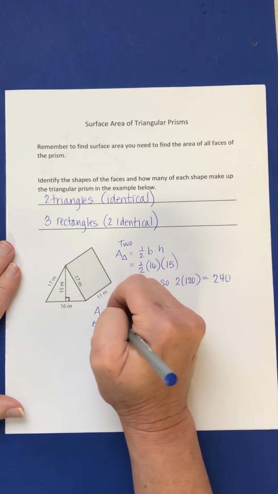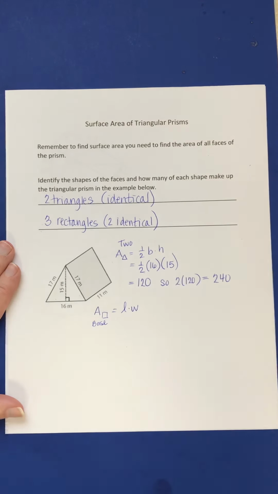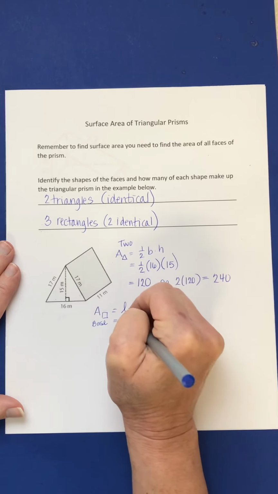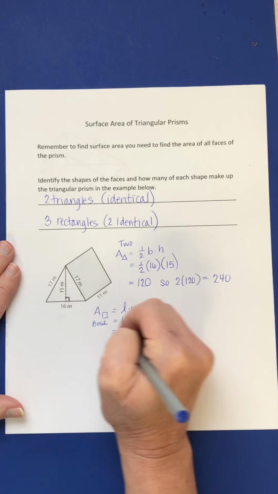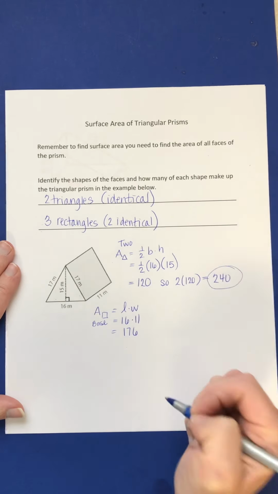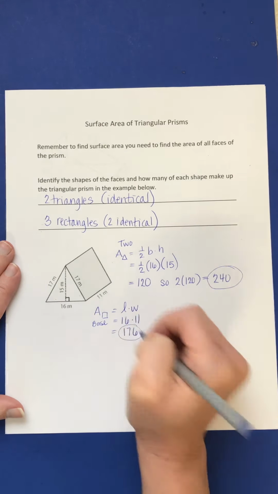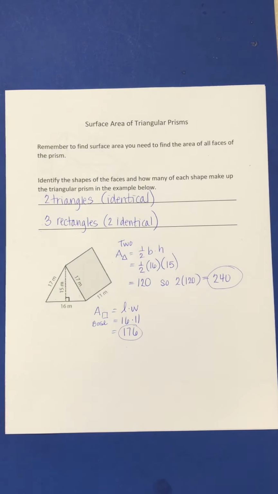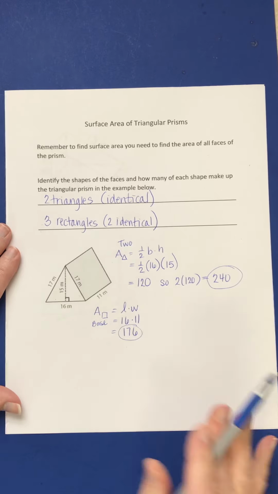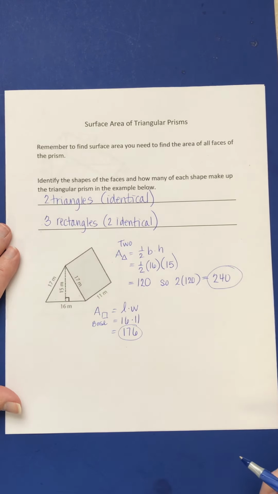Again, it does not matter which one is the length and which one is the width. So that's 16 times 11, which is going to give us 176. I'm going to go back here and circle that 240, and circle this 176, because those are pieces that we're going to be putting together. I only have one of these, so I'm not going to multiply by anything here.